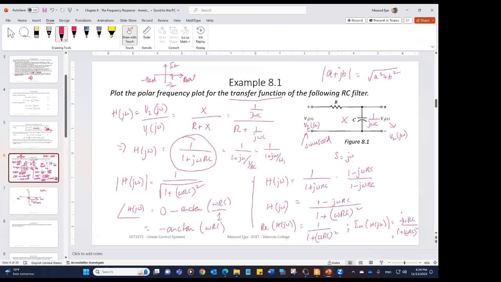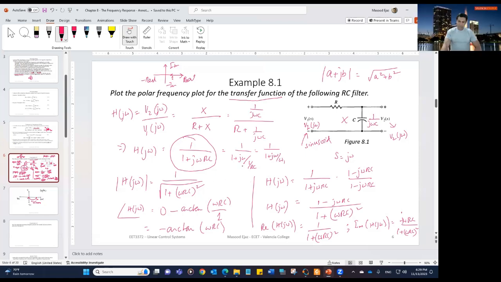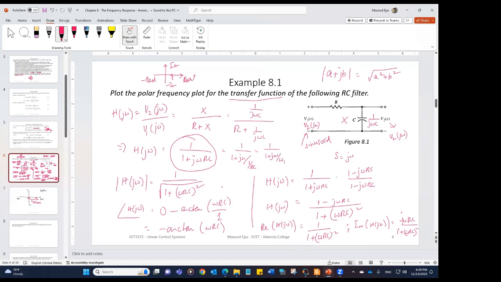Well, if omega is 1 over RC, which is the cutoff frequency, what will be the magnitude, or the real value or imaginary value, whatever you want to look at. It's easy to do magnitude and phase. When omega is 1 over RC, what is the value of the magnitude? Should be 1.